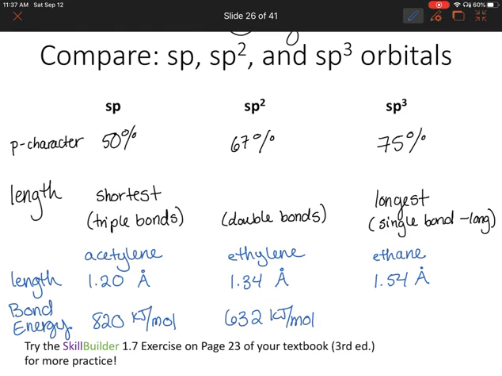And for ethane, it takes 368 kilojoules per mole to break apart its single bond. So we can see that triple bonds are the strongest, which makes sense, right? We have 3 bonds there. That provides a little more security. And then single bonds are less strong. They don't need as much energy to break apart.